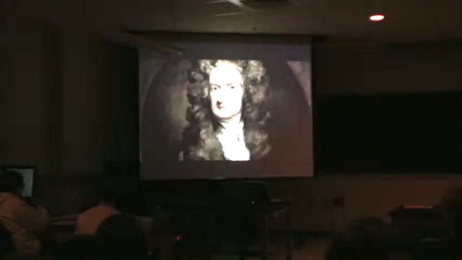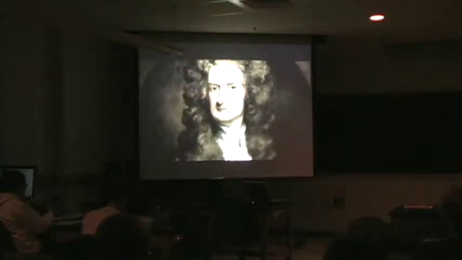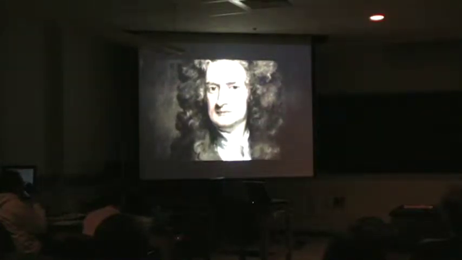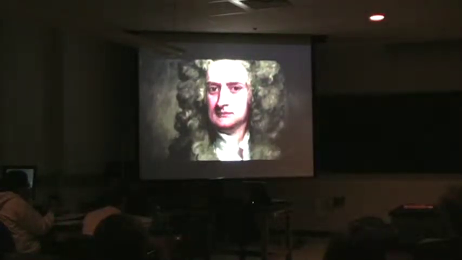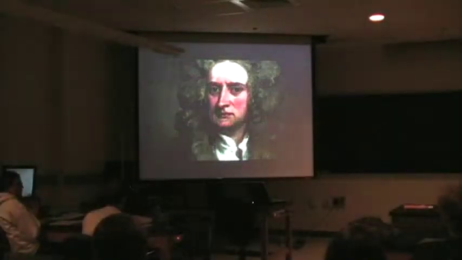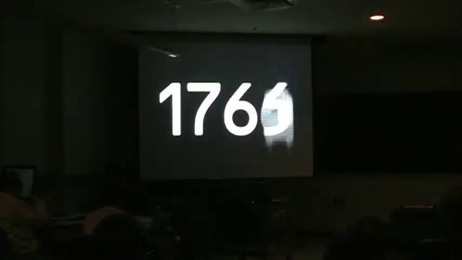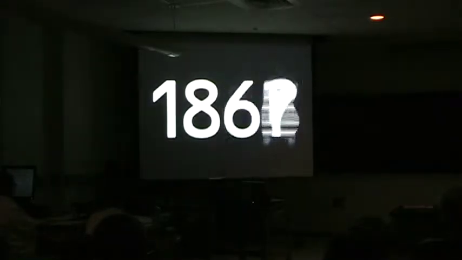Yet, there was a problem. While his laws described the strength of gravity with great accuracy, Newton was harboring an embarrassing secret. He had no idea how gravity actually works. For nearly 250 years, scientists were content to look the other way when confronted with this mystery.